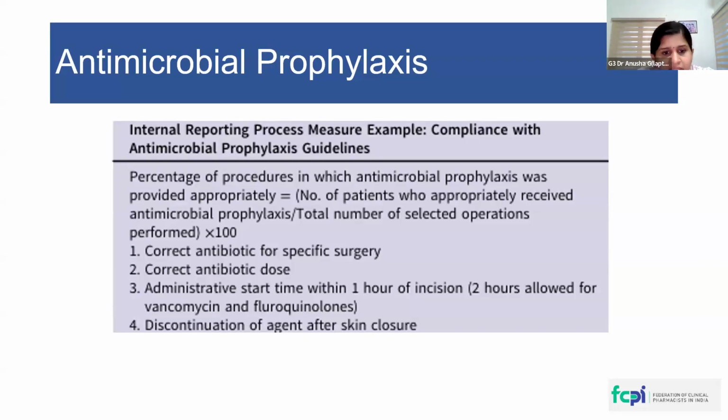The correct dose has to be given, and the administration should be within 1 hour of incision. But in the case of vancomycin, 2 hours is allowed. 2 hours is allowed in the case of vancomycin and fluoroquinolones. And the agent should be discontinued after skin closure. So this is also important. So this has to be followed in the case of antimicrobial prophylaxis.